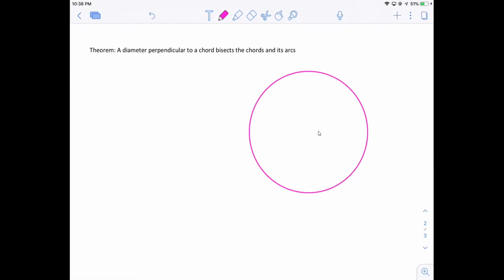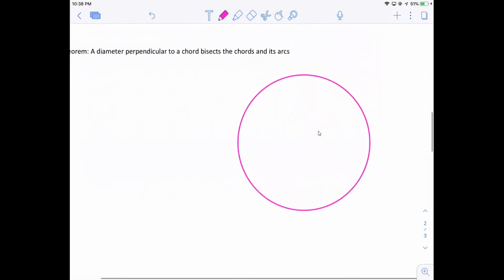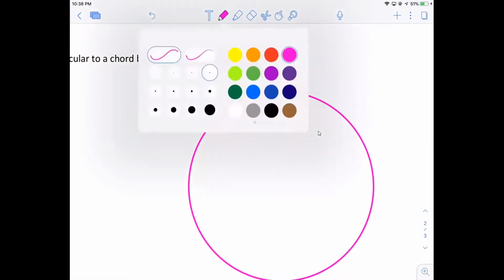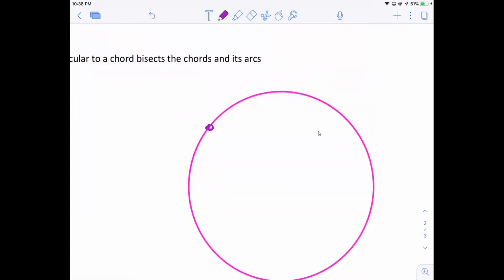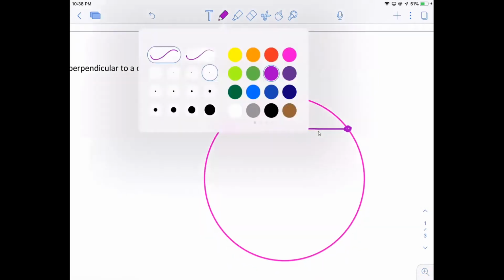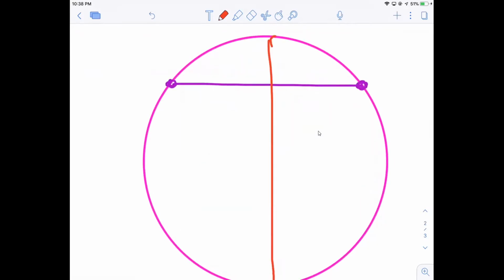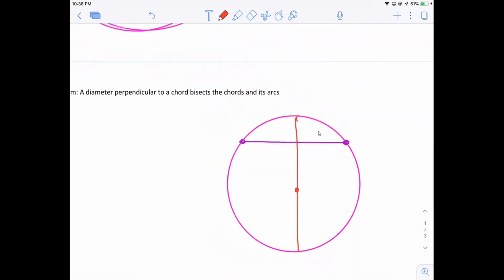And if I draw a diameter perpendicular to a chord, so let me draw a chord first of all. So I draw a perpendicular to this chord, like so, which is a diameter, so it passes through the center of the circle.